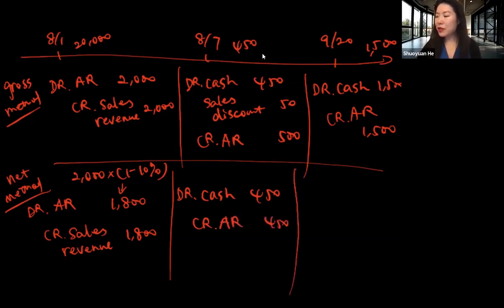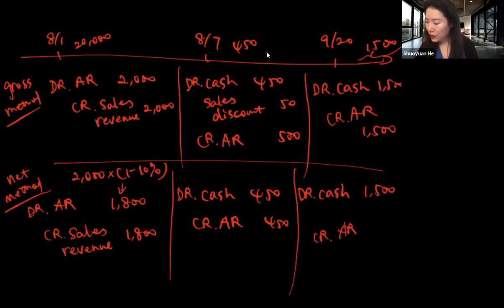And then on September 20th, for this 1,500, the customer didn't take the discount. And my journal entry is to debit cash for 1,500, credit accounts receivable for 1,350. So this 1,350 is 1,500 multiplied by 1 minus 10%.